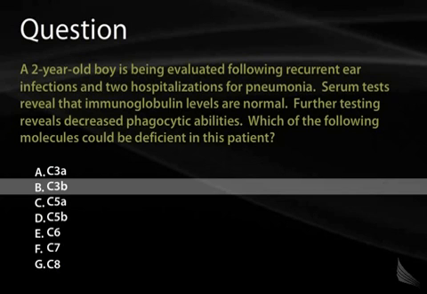Well, what would cause that? Think about things that allow opsonization, antibodies or C3b, right? Well, we know the antibodies aren't dysfunctional. It says that our immunoglobulin levels are normal. So that tends to point more towards a deficiency in the opsonin component of complement, which is C3b, and that's our answer.